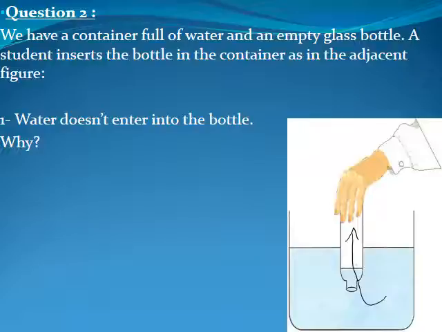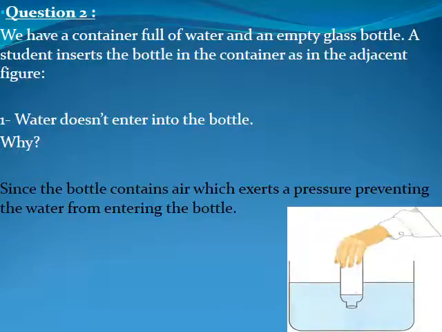Justify. Why? Yes, Neil. Since the bottle contains air which exerts a pressure preventing the water from entering. Okay, so this air exerts a pressure that prevents the water from entering into the bottle.